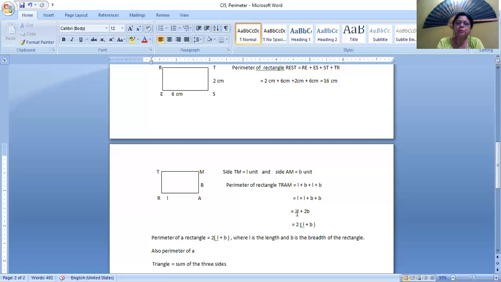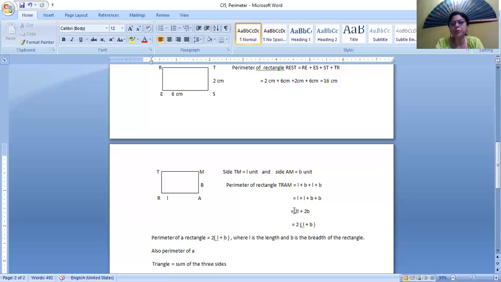Or you can say suppose 2 is a common friend, and there is another child L and another child B. When you remove the bracket, you're a friend of both children. This is a property which you will learn later on, but now just remember that when you take out 2, you can write L plus B.